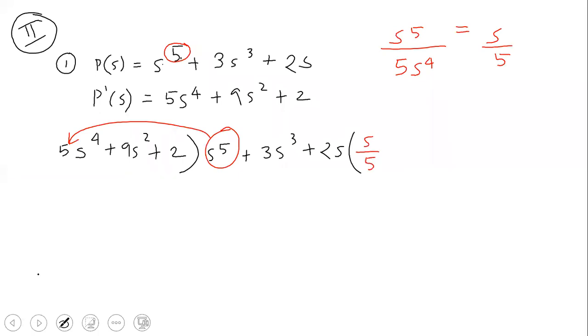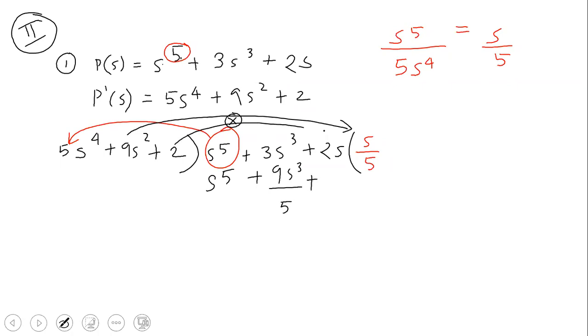Then it is very simple. Once you got that, you write this as S raised to 5. Then you take this and multiply it with this. Multiply karo. So 9S square into this will give you 9S cube upon 5, plus 2 into this will give you 2S upon 5.